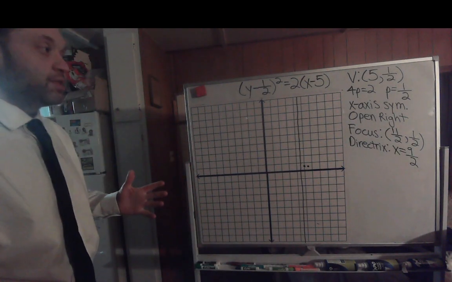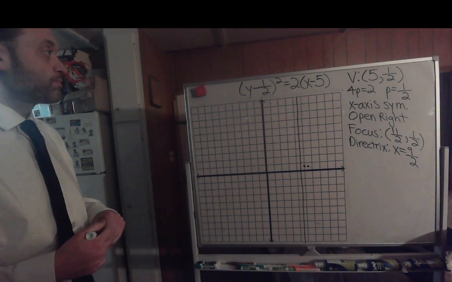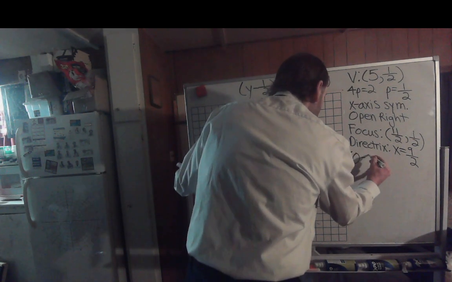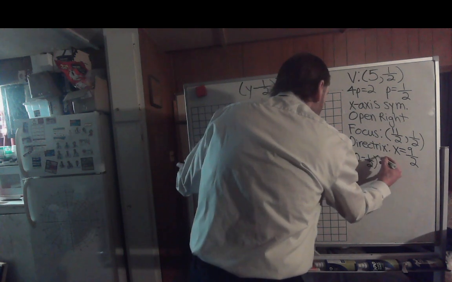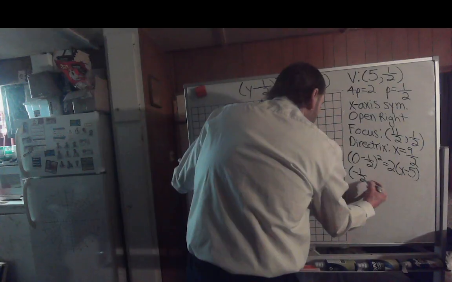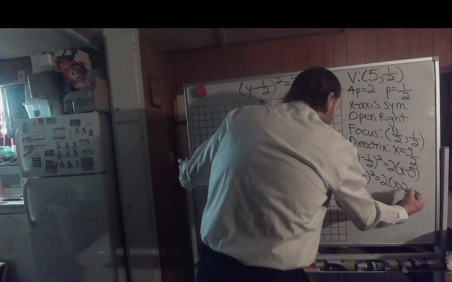Now that we have all that, we can go ahead and start plotting some points. So why don't we pick when y is 0? So if y is 0, that'll be 0 minus 1/2 squared equals 2 times x minus 5. So that would have to mean you get negative 1/2 squared would equal 2 times x minus 5.